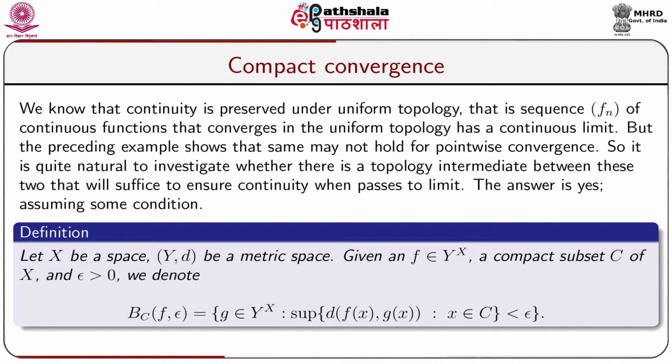But in case of topology of uniform convergency, we know that a sequence of continuous functions converges to a continuous function. So, it is natural to ask whether there exists any other topology in which a sequence of continuous functions converges to a continuous function. Our answer is topology of compact convergency.